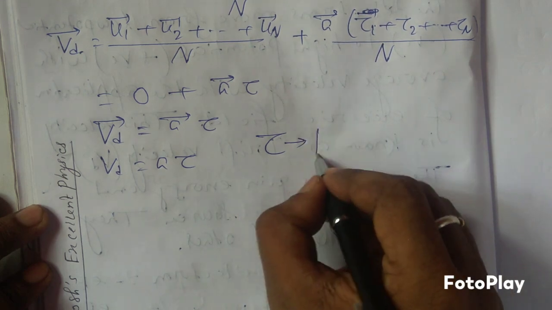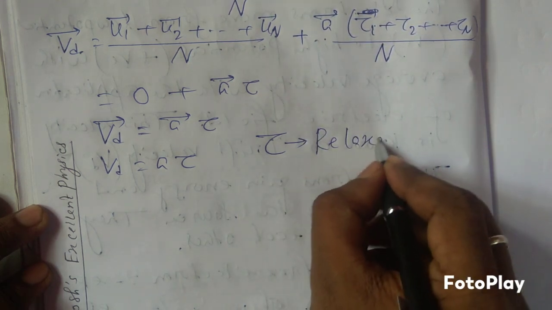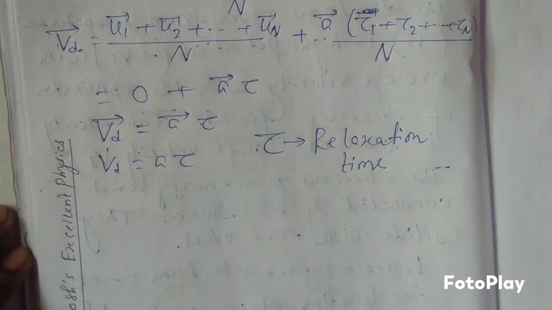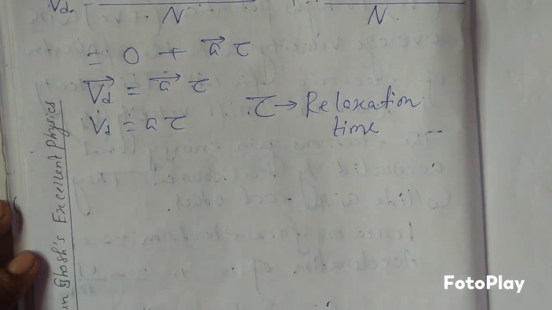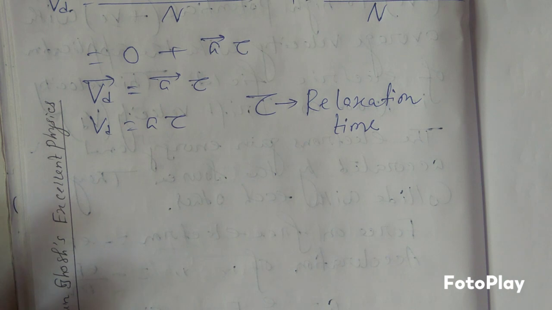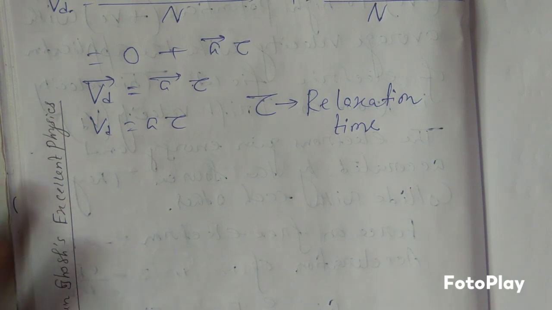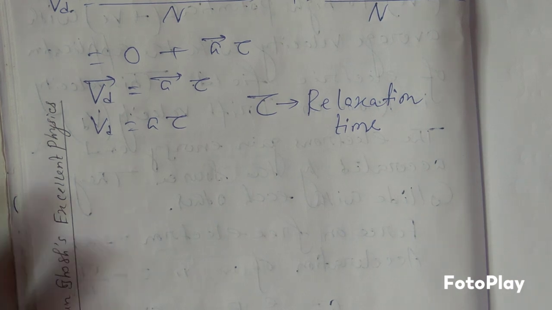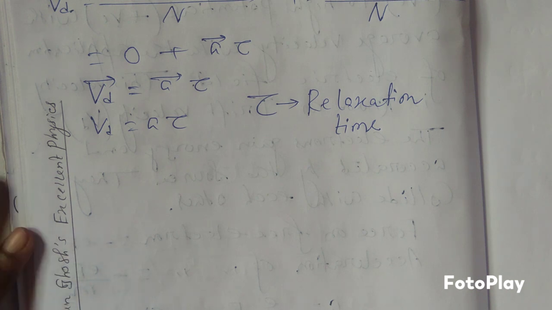where tau is the relaxation time. Please watch the definition of the relaxation time in the previous class. I gave the link in the description of the previous class.